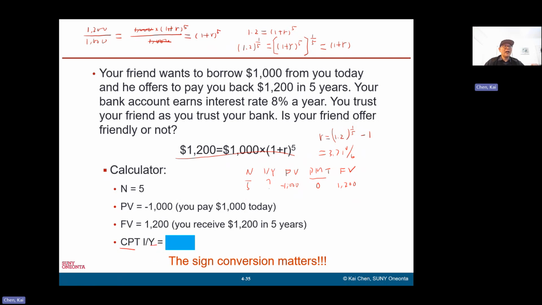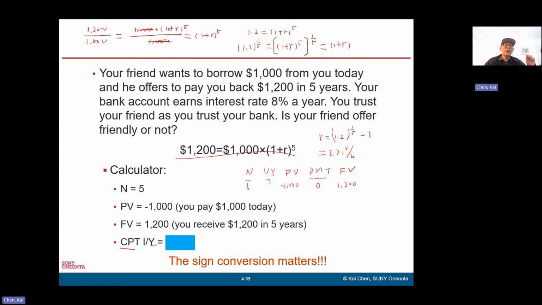Before we move on, I'd like to ask you a question. What is the unit of I over Y output? Just as I said, in terms of I over Y, percent in and percent out.